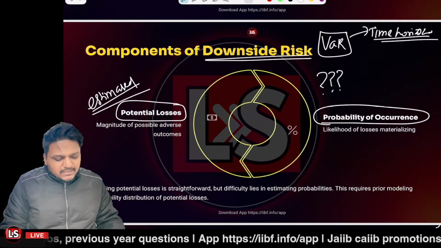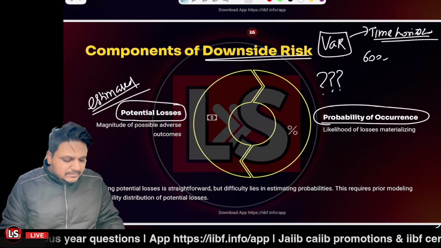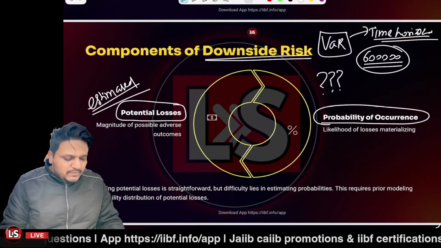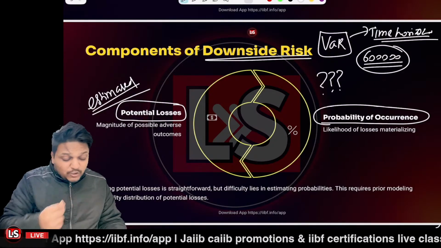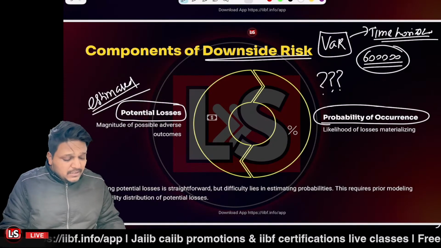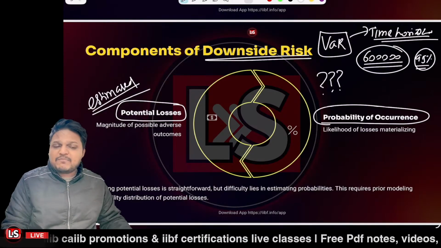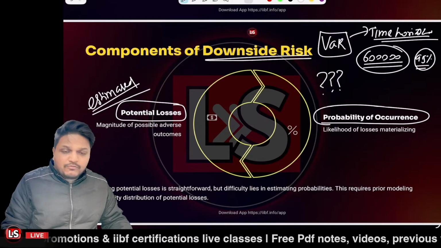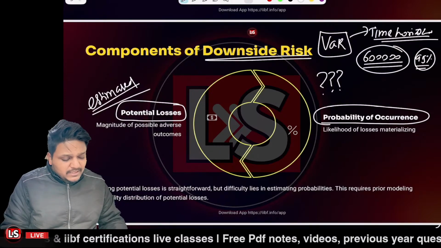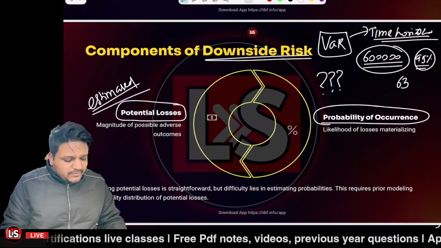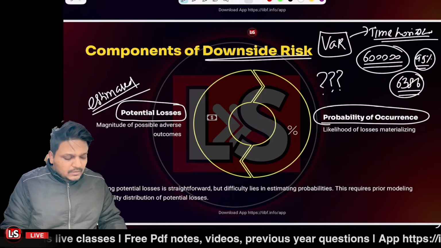So let's say I'm going to invest rupees 6 lakh, and I say that there is a 95% confidence limit, 95% chances, that your VAR, that is value at risk, is 6,386 only.